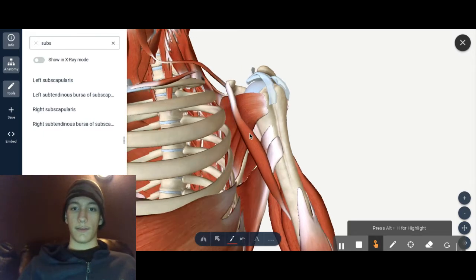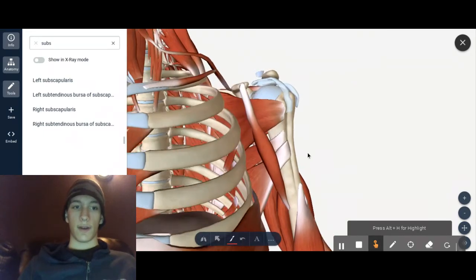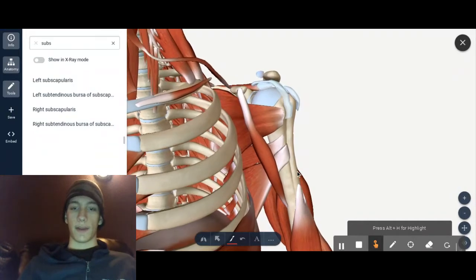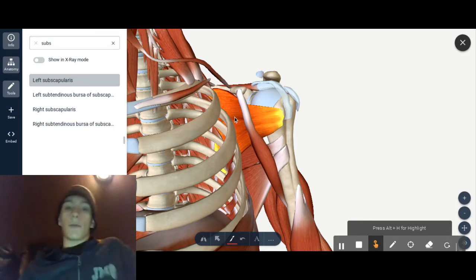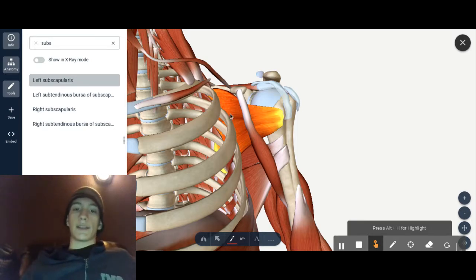All right, so you should be able to see most of your subscapularis. So like the teres major, it attaches to your lesser tubercle, but unlike the teres major, and unlike almost any other muscle in your body, it attaches to the back of your scapula. Technically the front, depending on how you look at it.